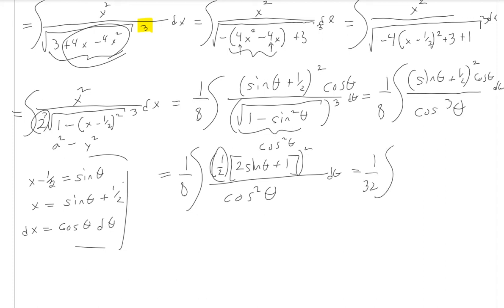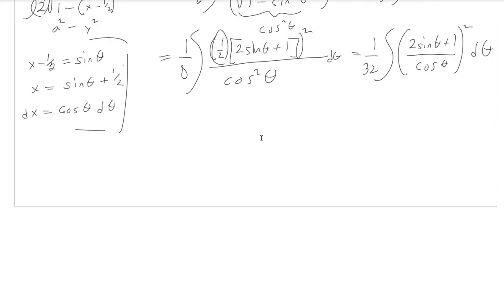Times the integral of now I have this sine term. Notice that this is all squared. So 2 sine theta plus 1 squared and cosine squared on the bottom as well. So now this is an overall 2 sine theta plus 1 over cosine of theta. All of that is squared, so I can put it all together. And hopefully now I can make that into a simpler term by combining.